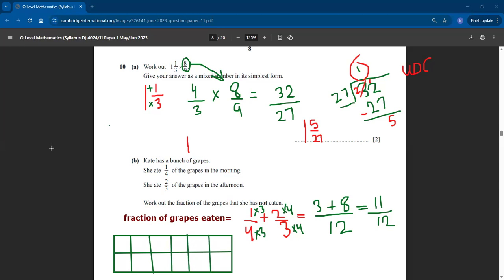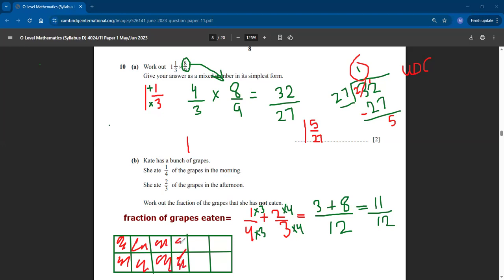That's 12 parts. Now, out of these 12 parts, if 11 parts are shaded, that's 11 out of 12. So how many boxes are not shaded? That's obviously 1 over 12.